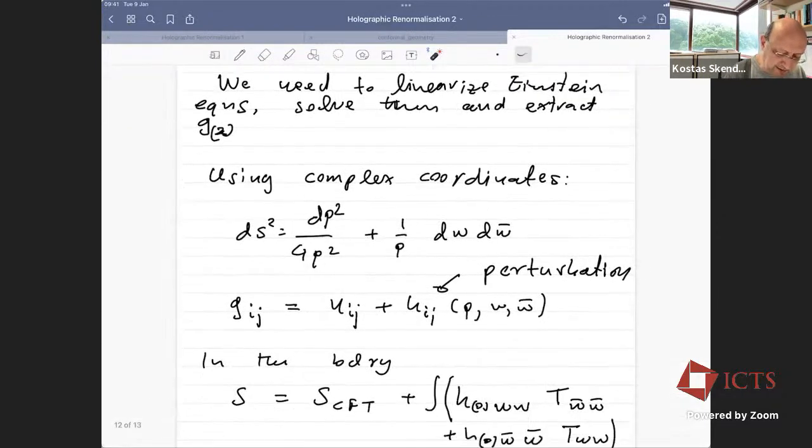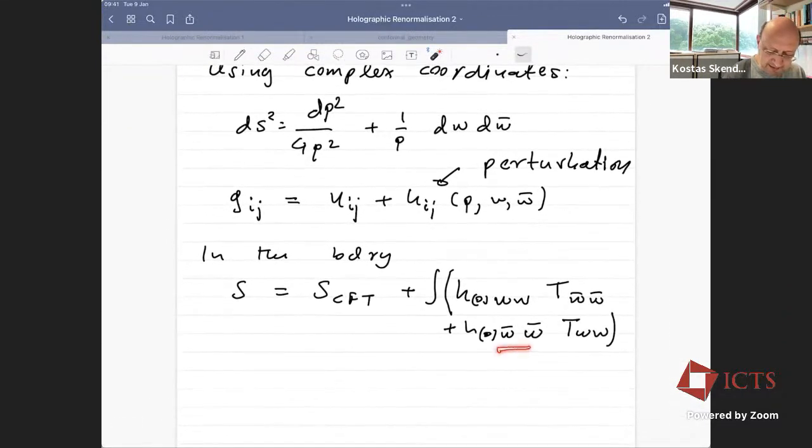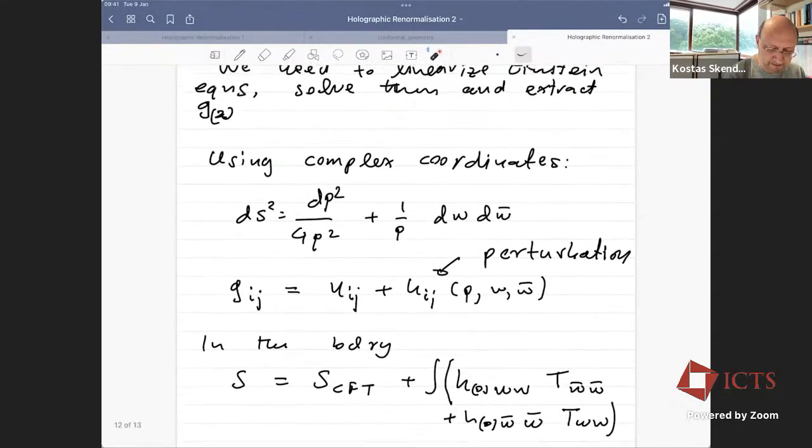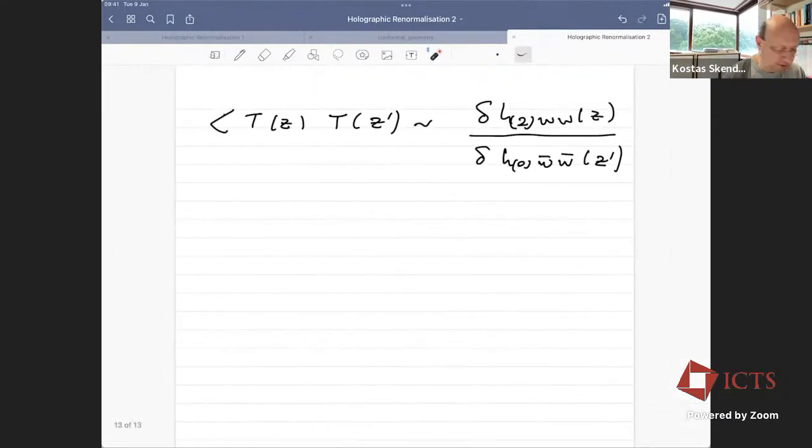The reason is that this is the part that couples to that metric. So that's the problem we need to solve. Now, the good thing with three-dimensional gravity is that the equations are fairly easy to analyze, and it's also easy to find the linearization.